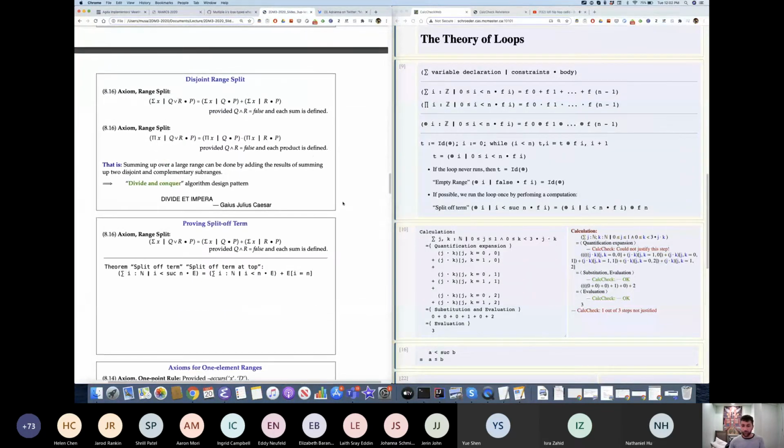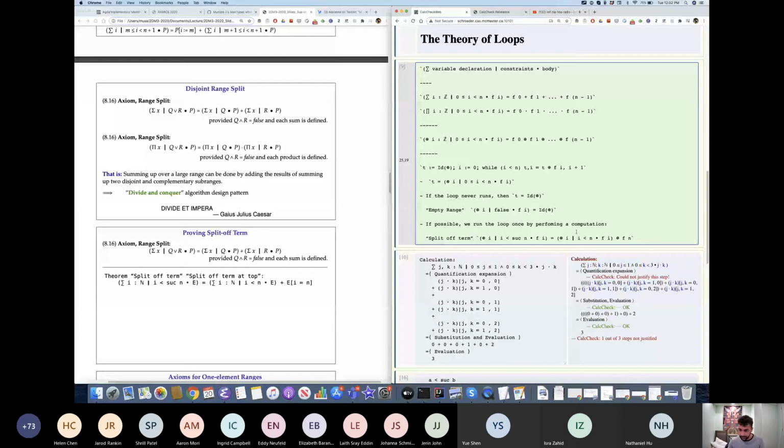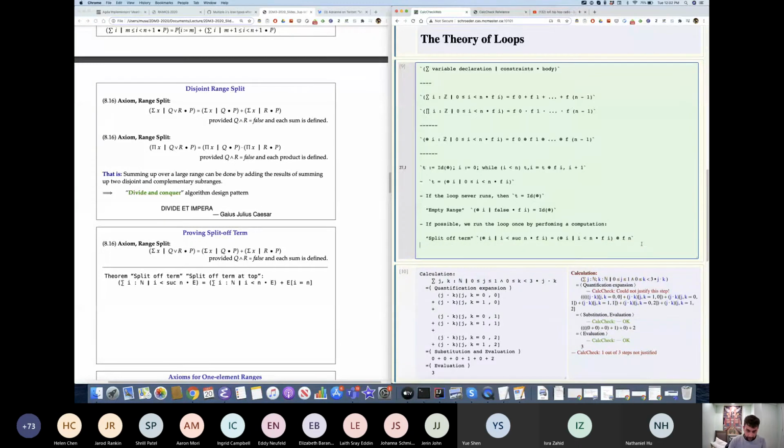So here's a cool rule we didn't talk about. This one is great. This is a nifty rule. You can think of this as an optimization law: looping over a large input can be made, quote unquote, faster by splitting the input data.